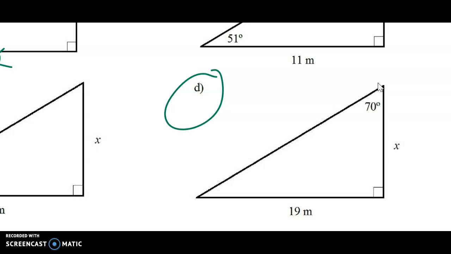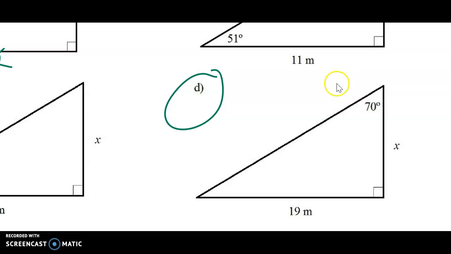Pick the triangle sine, cos or tan. Cross out the one you need to find, and then either times or divide, depending on where it is in the triangle, to calculate it. Okay, so those 5 steps. So pause the video and have a go, and then I'll give you an answer.